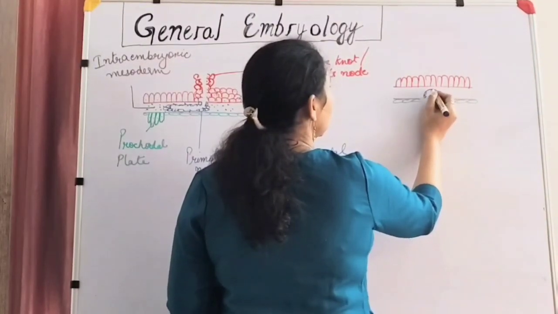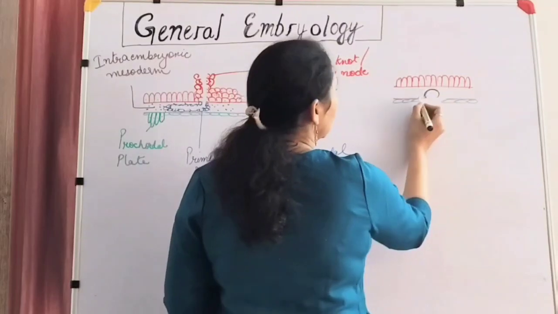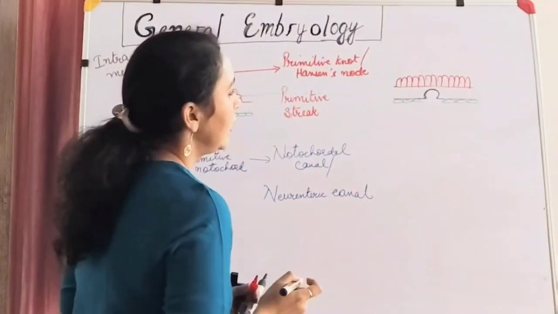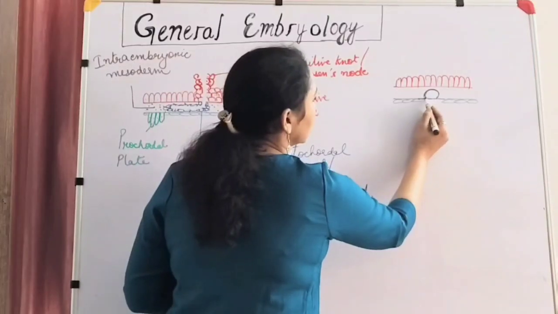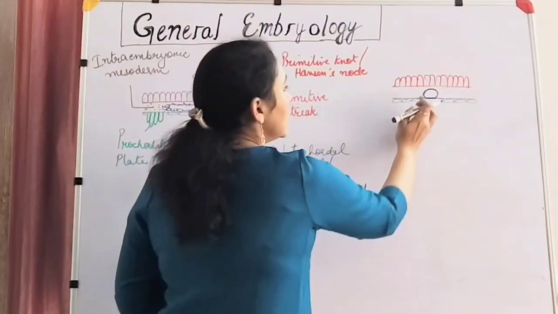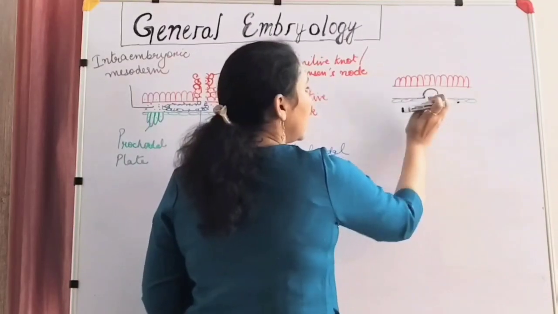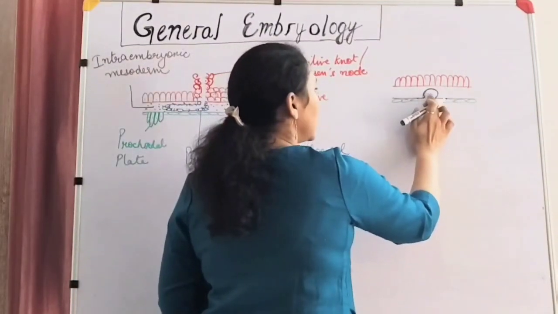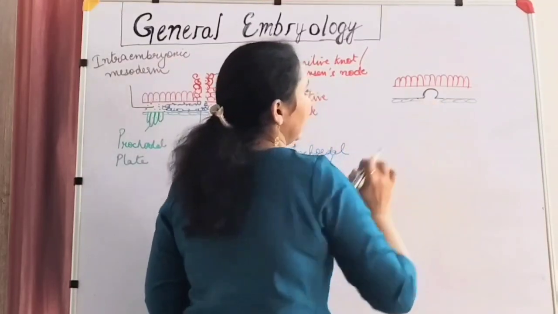The floor cells have intercalated with the cells of the endoderm. Then small openings will appear in the floor, and finally all of these cells will disintegrate.